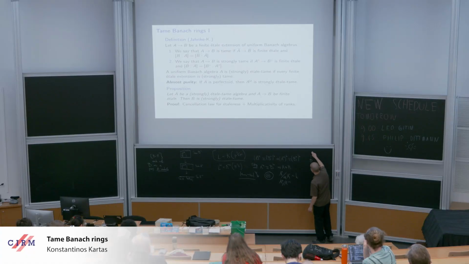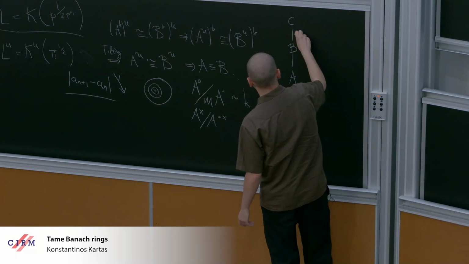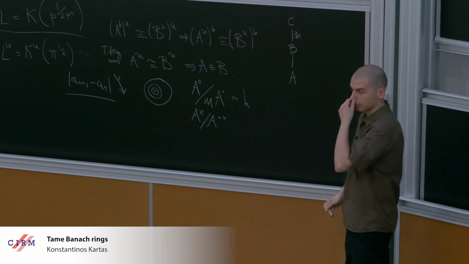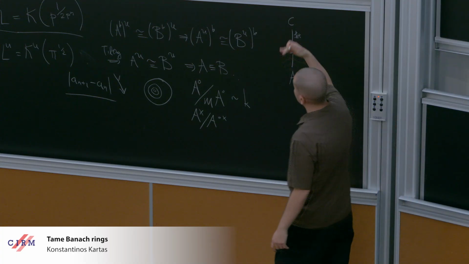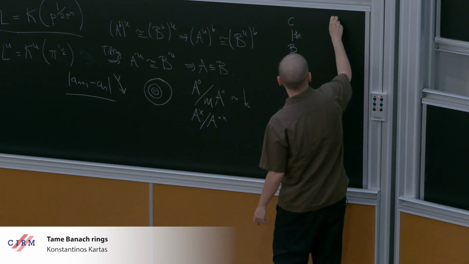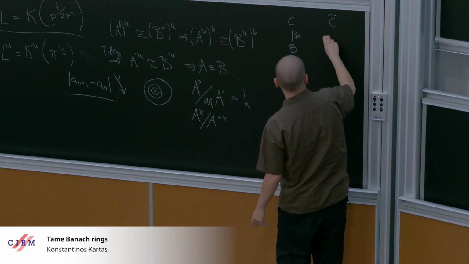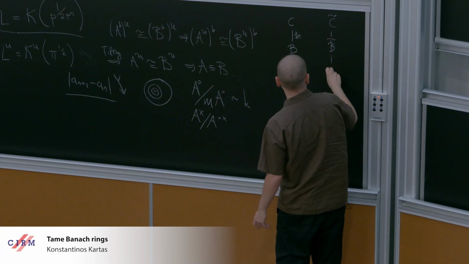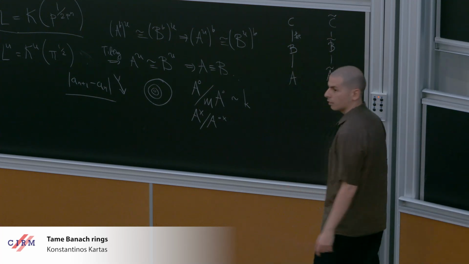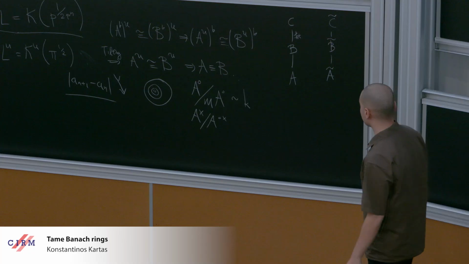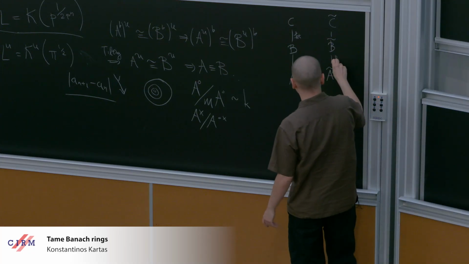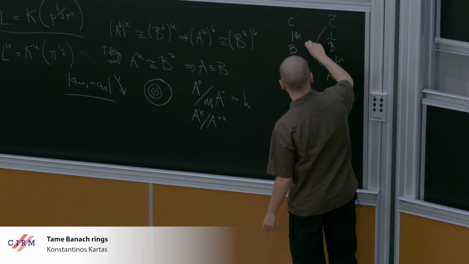So you just take a finite etale extension of B and you have to show that this is etale tame. But now just consider the corresponding extension between the graded residue rings and observe that, essentially by assumption, this is finite etale and this is finite etale.